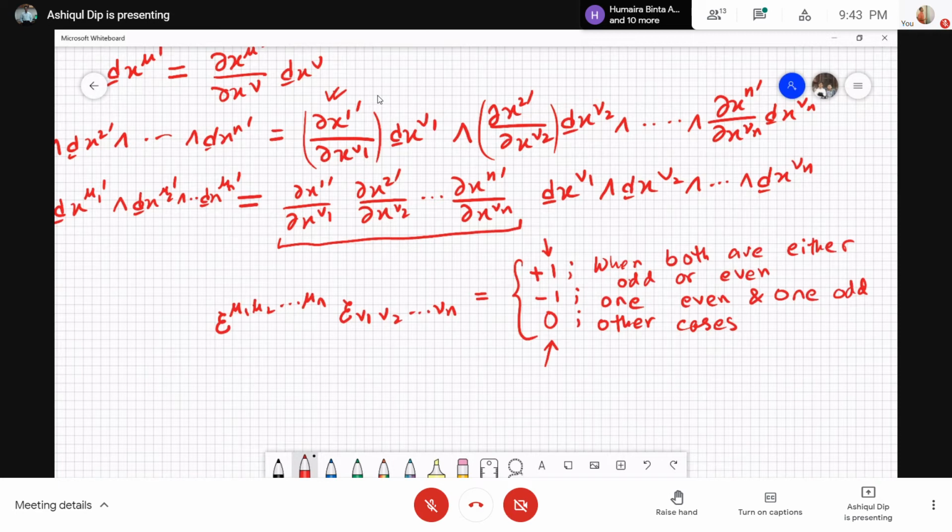Okay, so let's explore this a little bit more, because we have actually defined something that has these properties. So how do we use that? When both are even, say mu1 is just 1 2 3 up to n, and mu2 is also 1 2 up to n, then both are even, right?